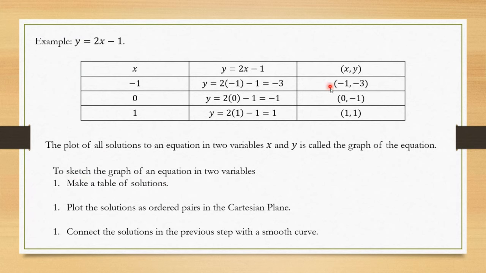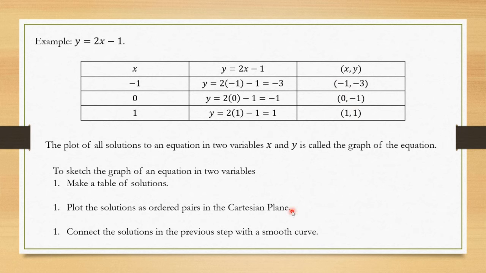You could do something like this. You make a table, although you probably would want to use as many x values as is feasible. You would plot the corresponding solutions, the ordered pairs, in the Cartesian plane. Then you connect the points by a smooth curve.